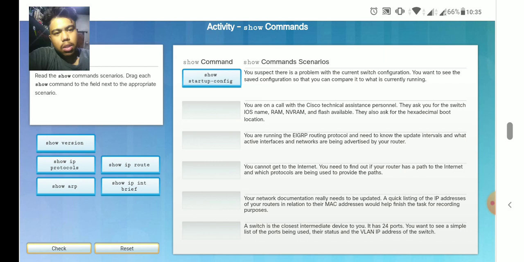Next, you are on a call with the Cisco technical assistance personnel. They ask you for the switch name, RAM and VRAM, and flash available. They also ask for the hexadecimal boot location, and this is classified as show version.